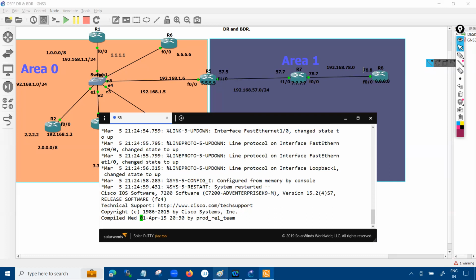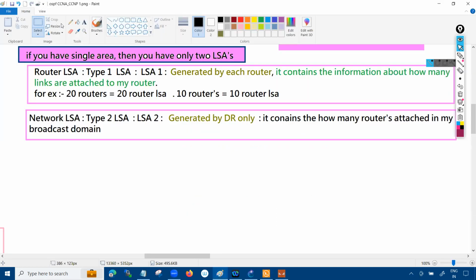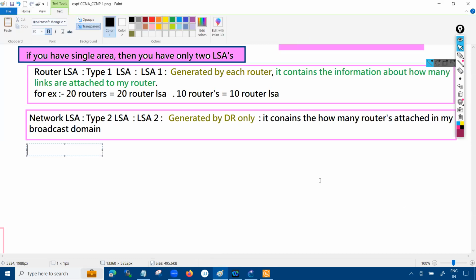Meantime, I'll just write on the third LSA type we have. That's called the summary LSA. It's known as the type 3 LSA, also called LSA 3. Basically, this LSA is generated by the ABR.